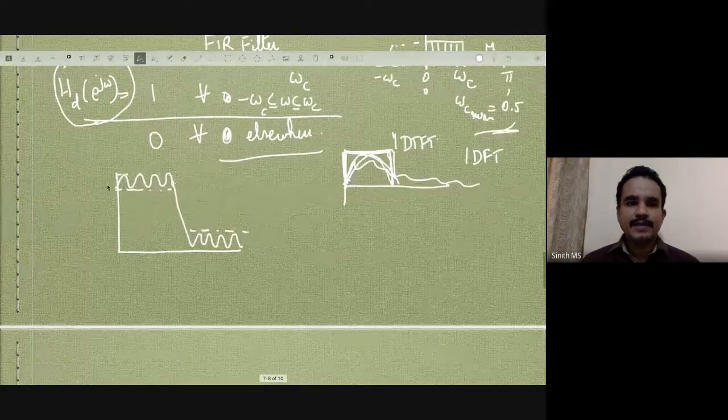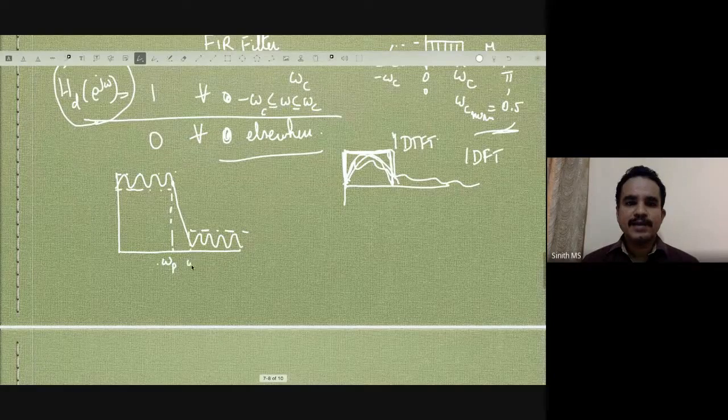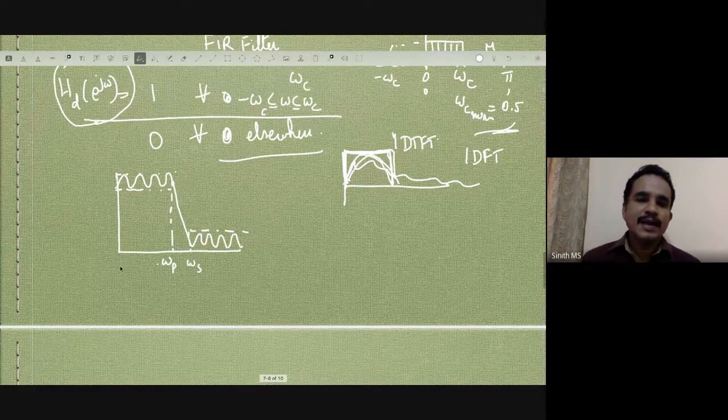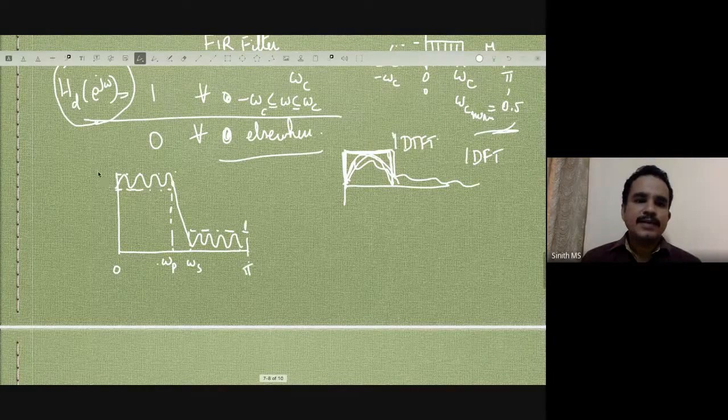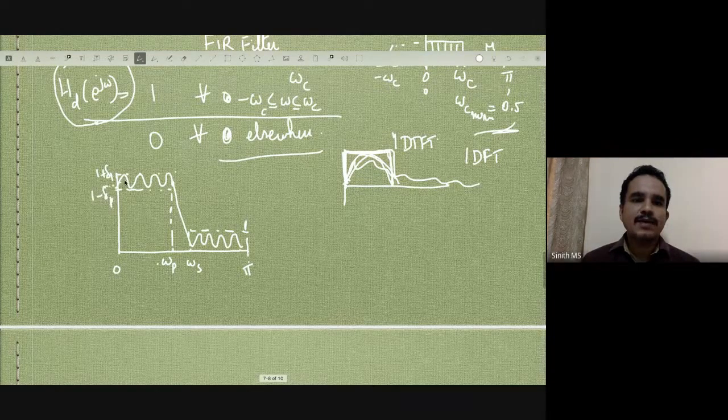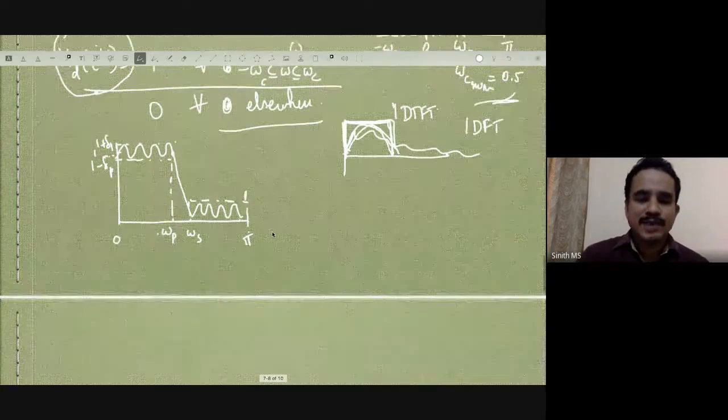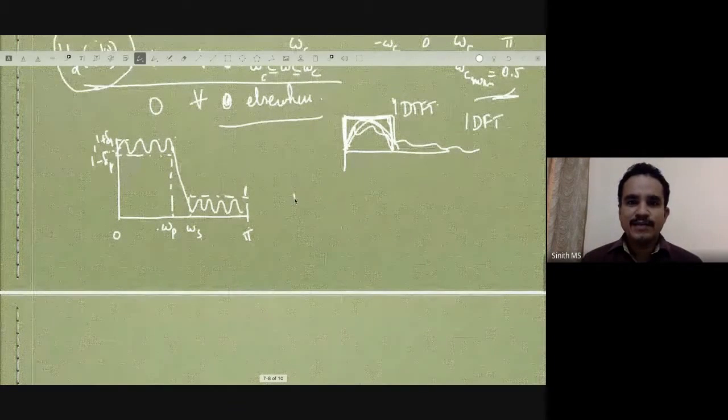This is the pass band, and you have frequencies omega p, the pass band frequency, and omega s, the stop band frequency, and this extends from 0 to pi. Let the magnitude be 1 plus delta p, the pass band ripple, and 1 minus delta p, and in the middle you have the value 1, which is the passing value. If you're given these specifications, how will you design your FIR filter? That's the question.